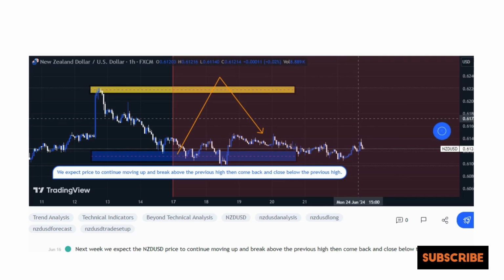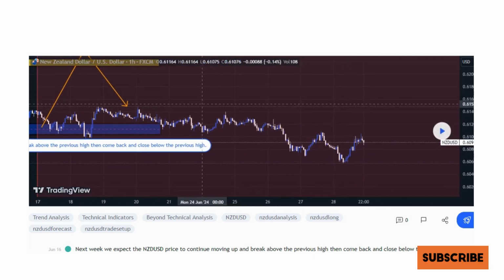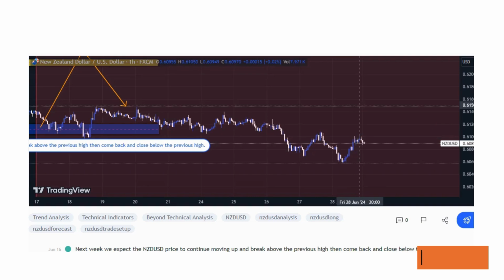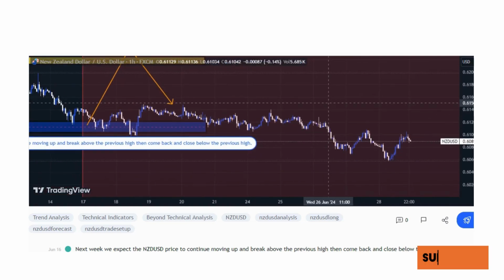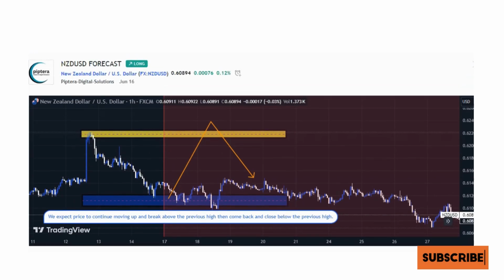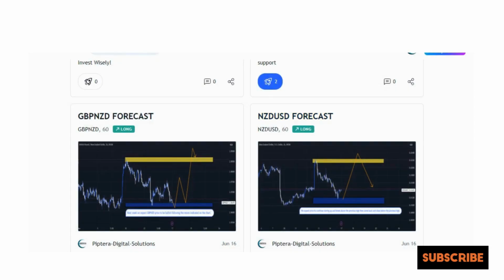So let's see what happened from there. And then the price broke below the support zone. Yeah, that's what happened, guys. So let's go to another pair.